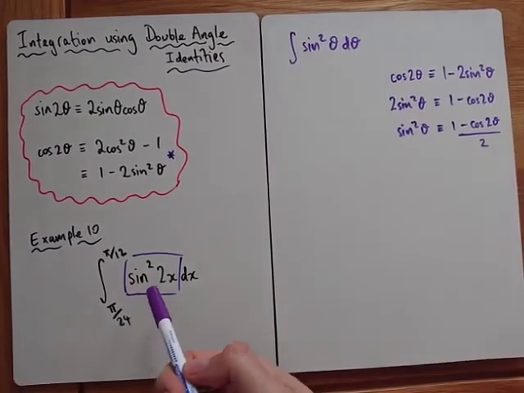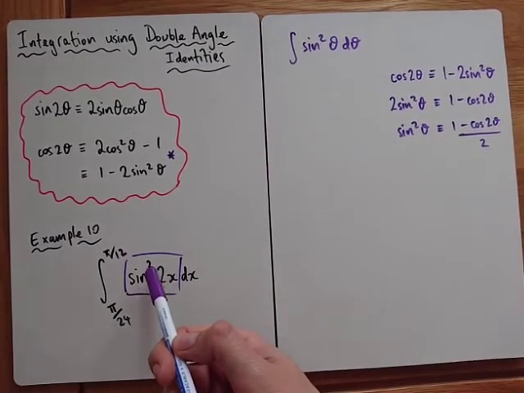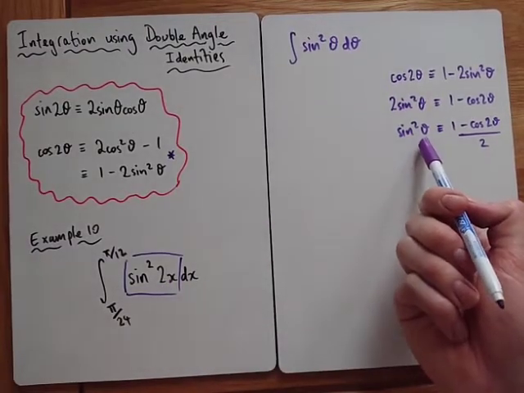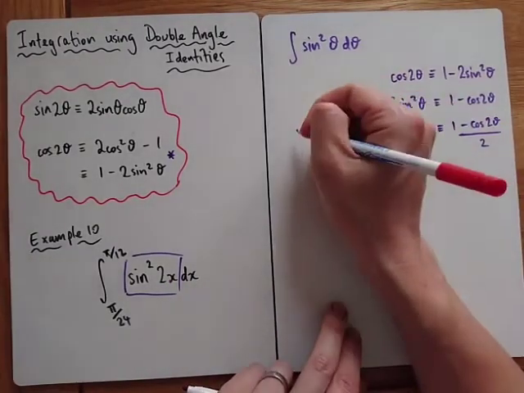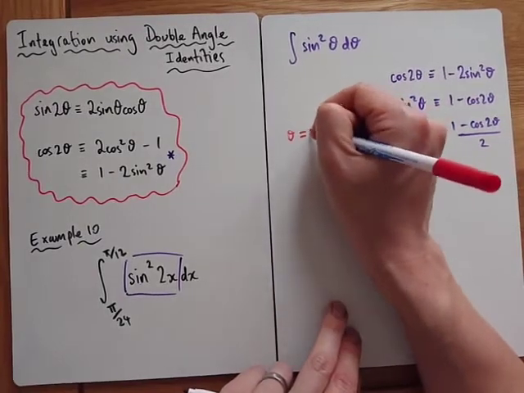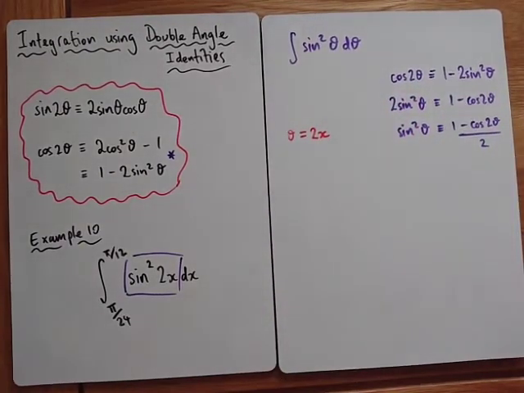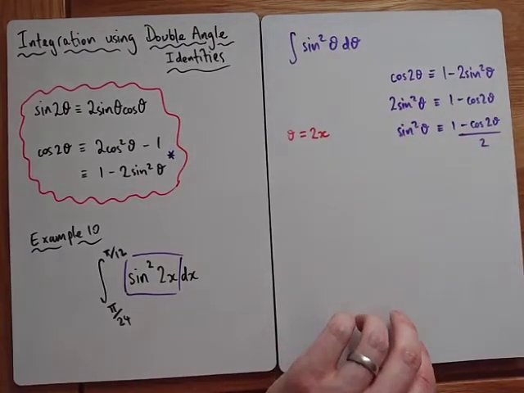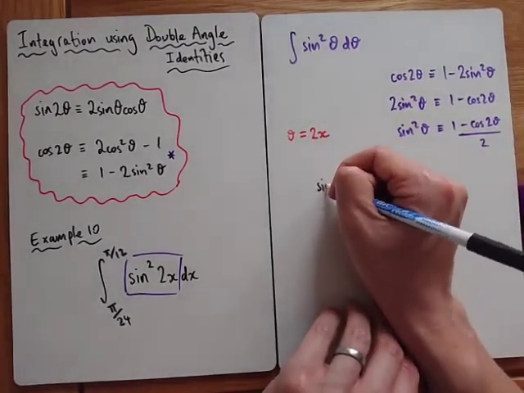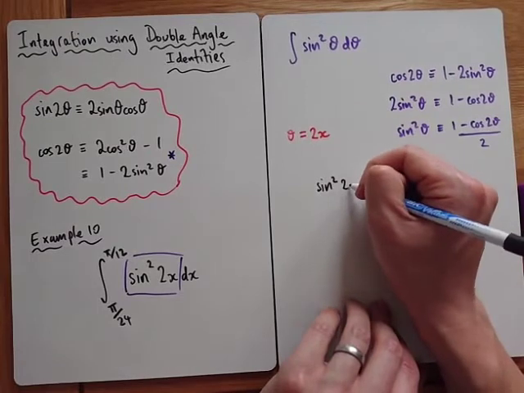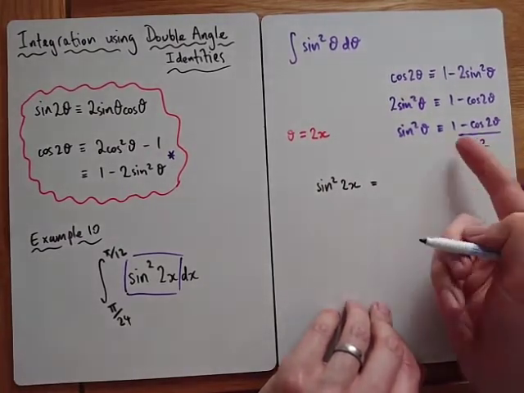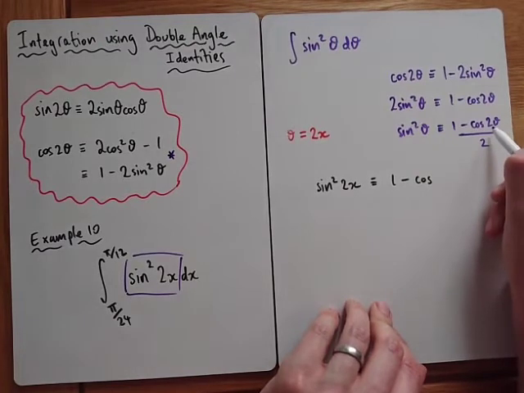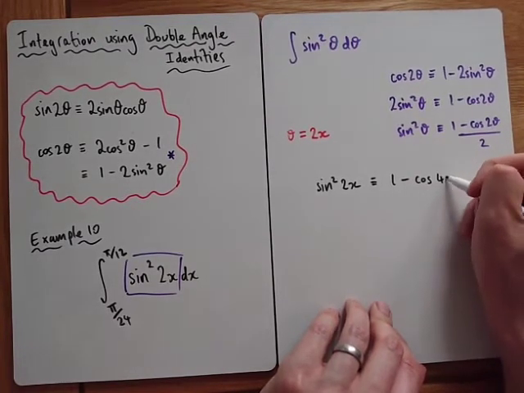Now we can look at what we're actually trying to integrate: sine squared, where our angle is 2x. So instead of theta, the angle we're working with is 2x. Let's adjust this identity. Sine squared of 2x is equivalent to 1 minus cos of double the angle, so that would be 4x.